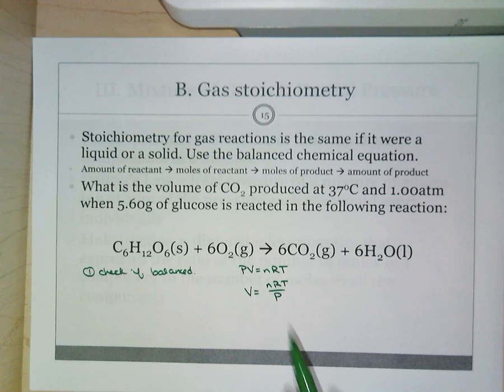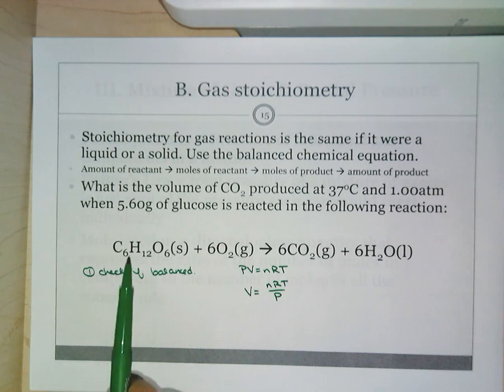R is the gas constant, temperature is given, pressure is given. What about that n? What is n? Number of moles. Do you know the number of moles yet? No. So we have to find the number of moles of carbon dioxide given grams of glucose.